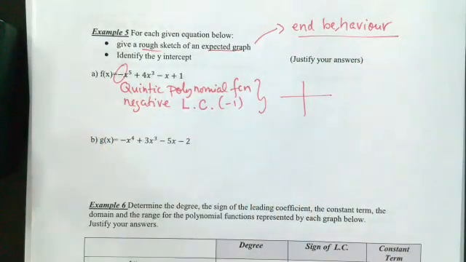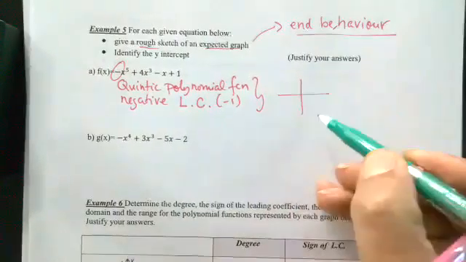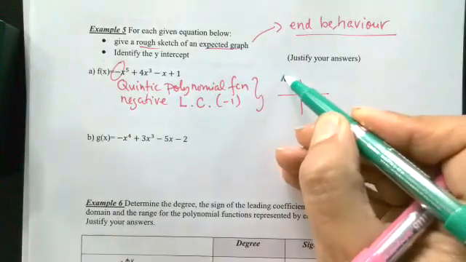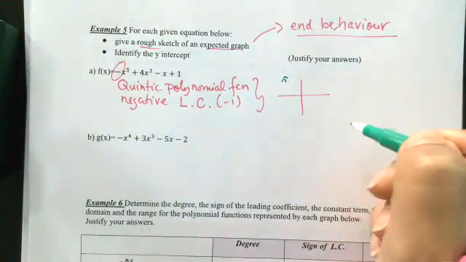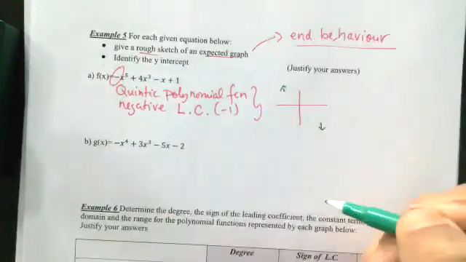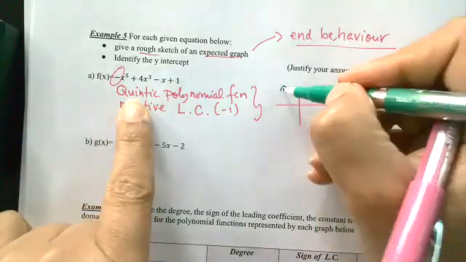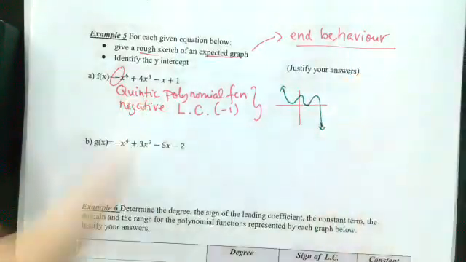So these two pieces of information will tell you what kind of sketch you should get. Quintic, odd degree, just like the linear functions. So remember, the negative leading coefficient for a linear function is going to be a decreasing line. And then if you imagine your line that's decreasing, starts in quadrant 2, ends in quadrant 4. But we have quintic. That means I have to have more turning points there.